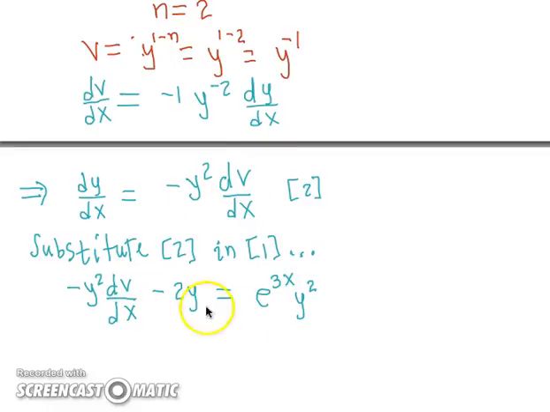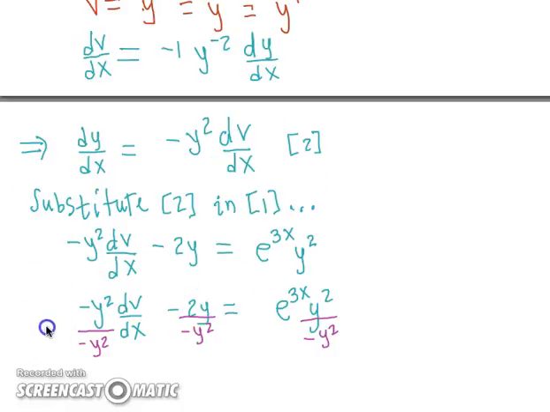Now the left-hand side of this ordinary differential equation has dv dx, and let's make sure that this derivative of the new variable v stands alone with a coefficient of 1. So let's get rid of this negative y squared. Let's divide on both sides of the ODE by negative y squared.